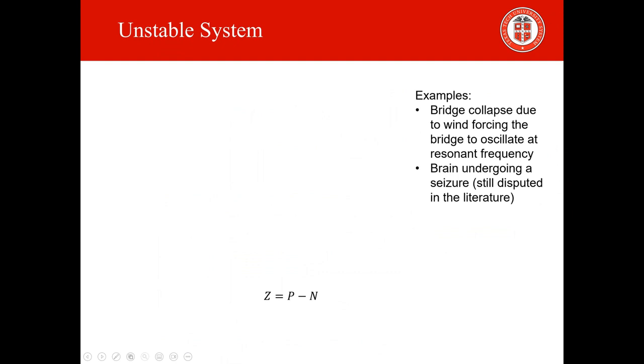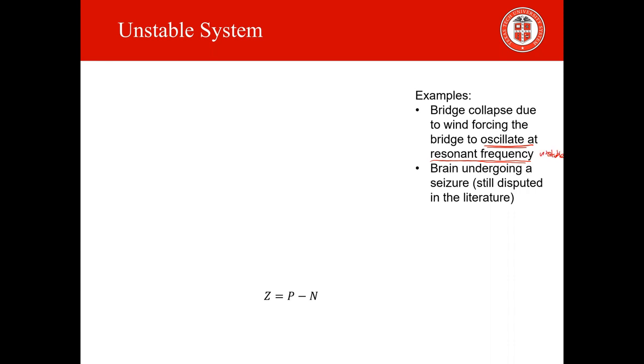You have probably seen videos of a bridge collapsing because of wind forcing the bridge to oscillate, and it oscillates at what's called its resonant frequency. And basically when it does this, it will cause the system to be unstable.